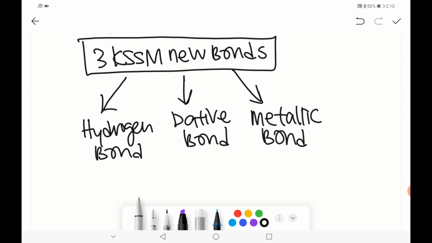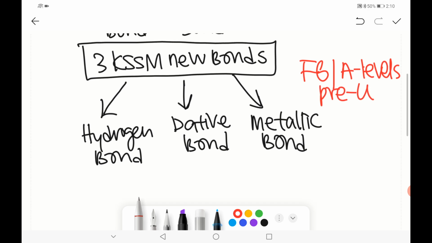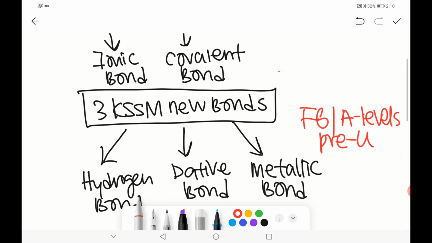Previously they only learned hydrogen bond, dative bond, and metallic bond when they go for Form 6 or A levels, your pre-university. But now you are learning this in your Form 4, so you are not going as deep as you would in Form 6 and A level. You just need to know the basics.